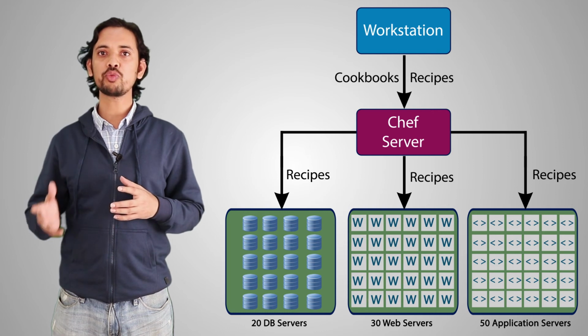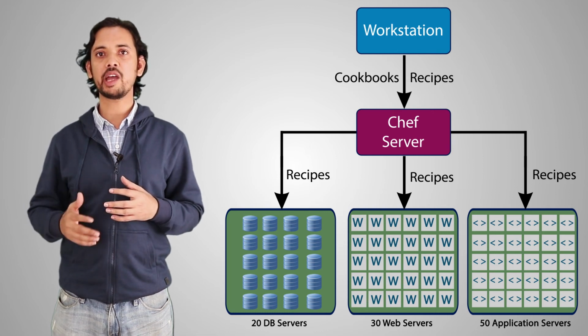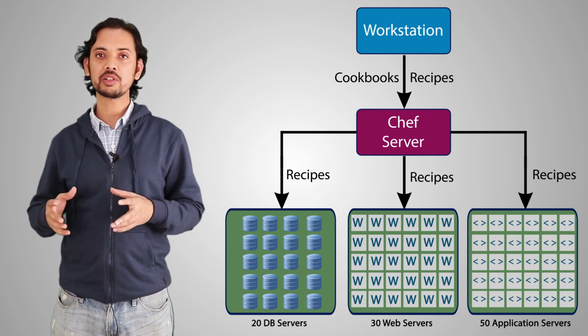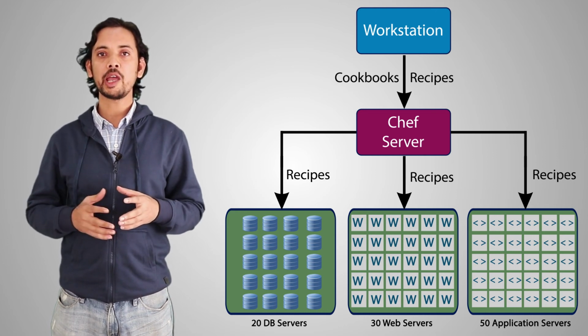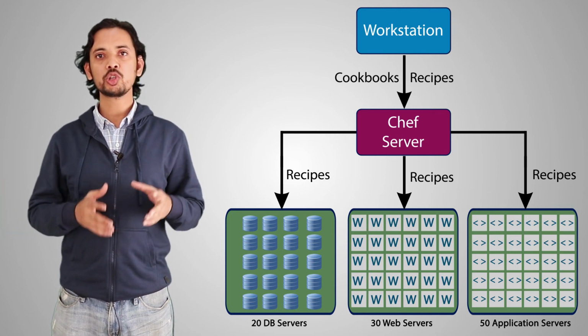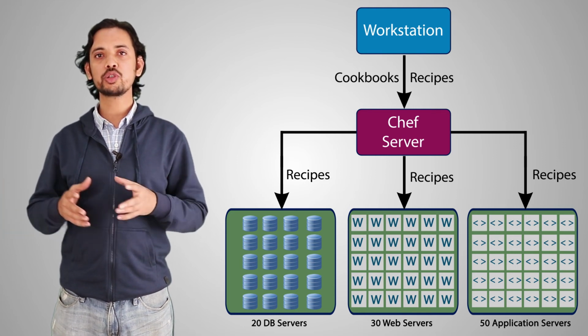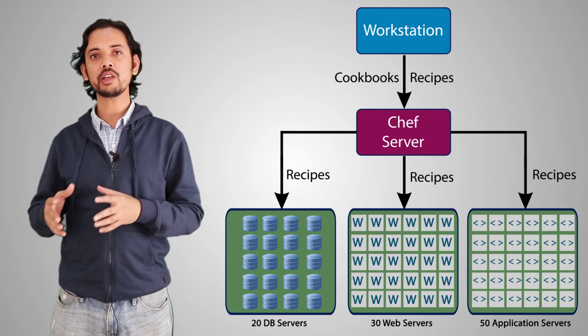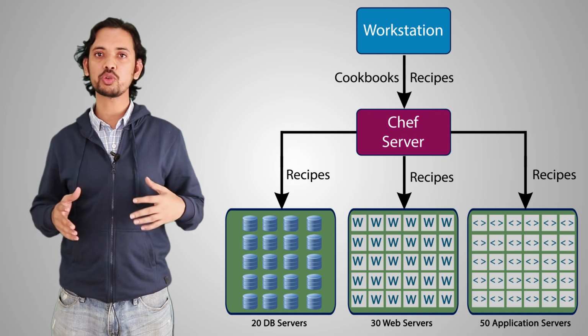So which node will be acting as a web server, which will be acting as a database server, your Chef server knows it. Based on this information, the Chef server will push the appropriate recipe to the appropriate servers. And finally, those recipes would execute on those nodes. So all this configuration and provisioning is running on all the nodes in parallel.